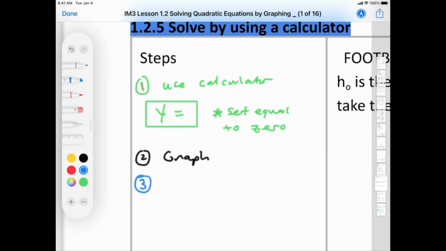Okay. Third, this is where it's a little bit different. We're going to look for a button on there called calculate.